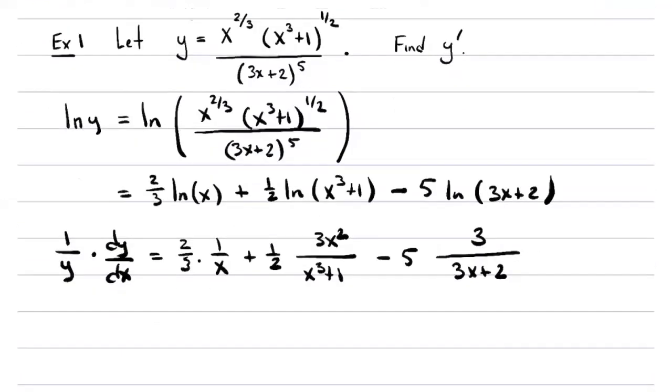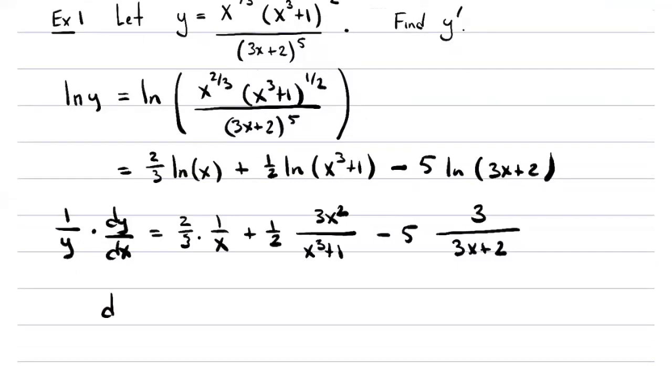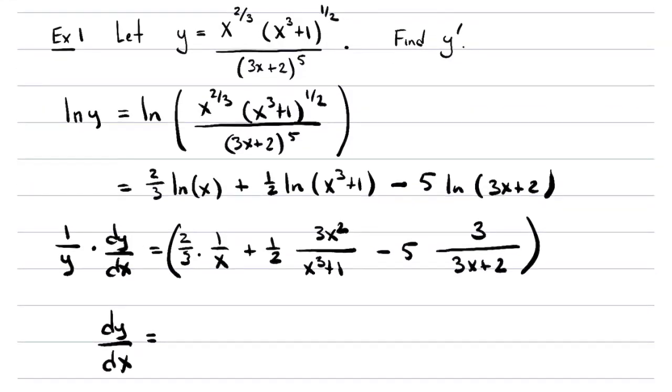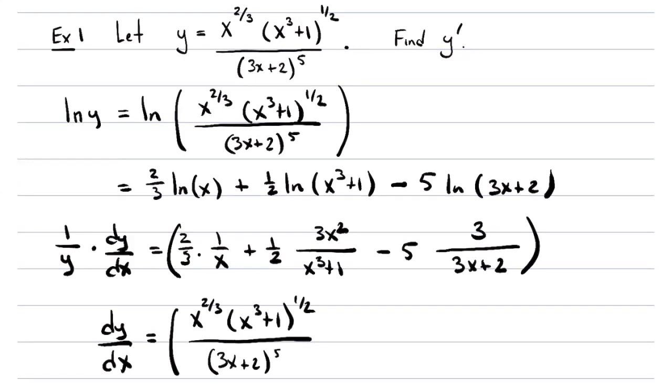So now the last step is to solve this thing for dy/dx. Well, dy/dx is equal to y times this expression on the right, if you multiply both sides by y. But instead of y, I'm going to write its expression in terms of x. So I'm going to write this expression up here again, x to the 2/3 times x cubed plus 1 to the 1/2 over 3x plus 2 to the 5th.